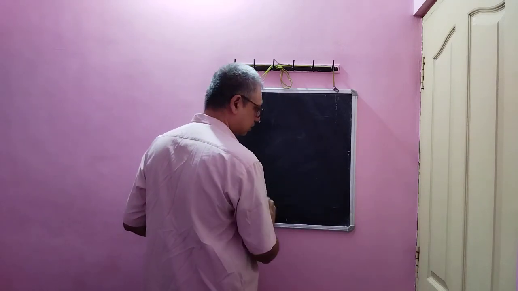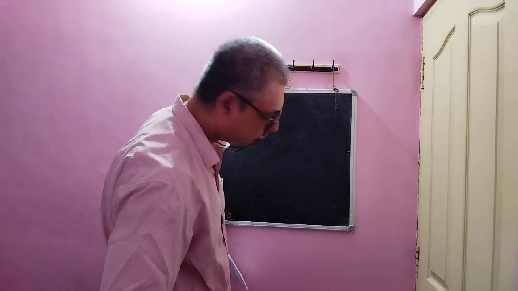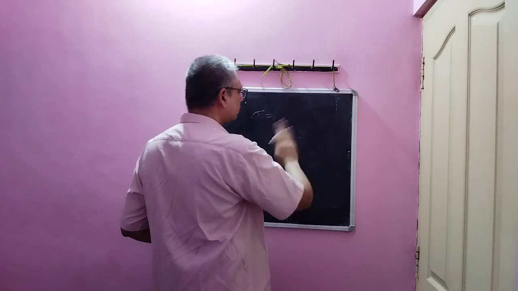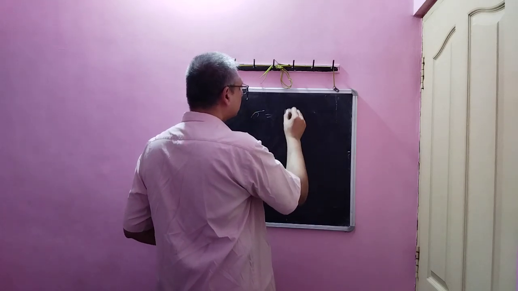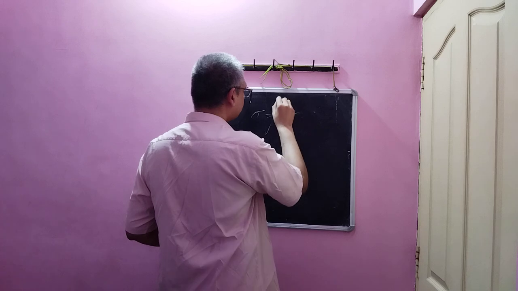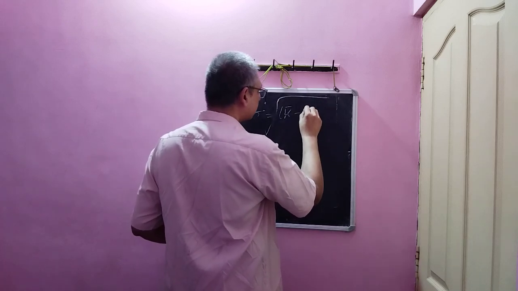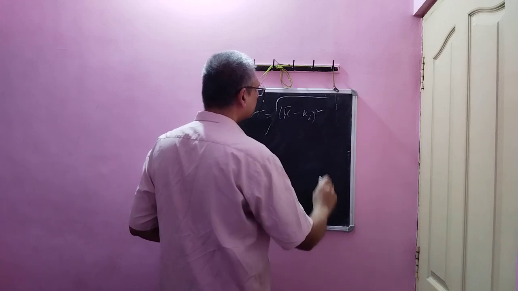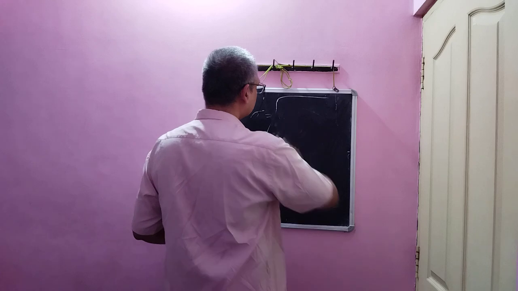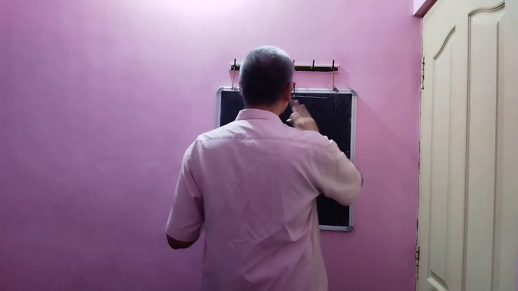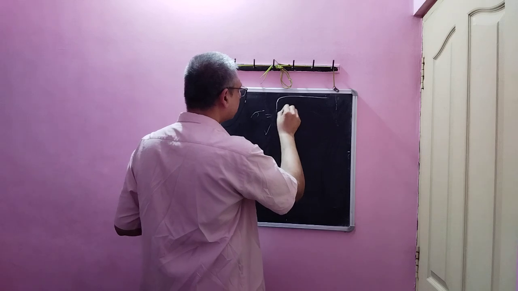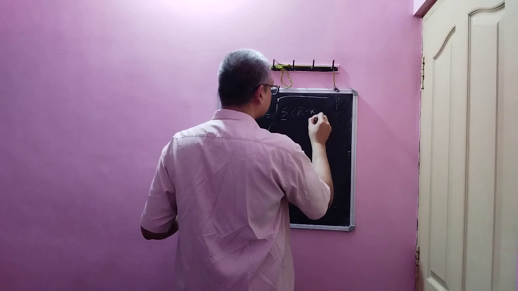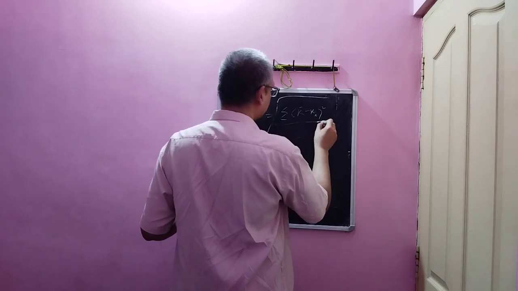One is, you can use standard deviation, which will be equal to the square root of the summation of k bar minus ki the whole square, whole divided by n.